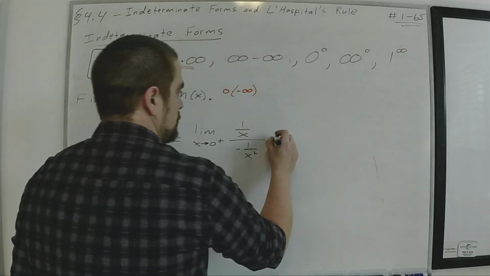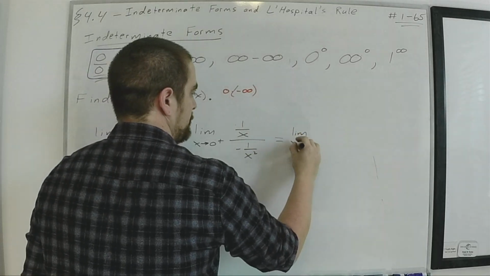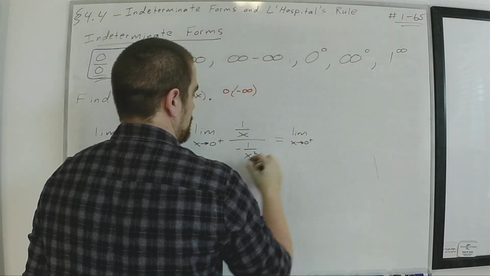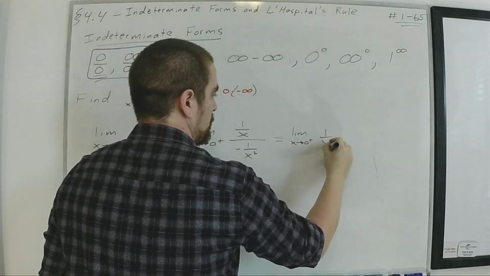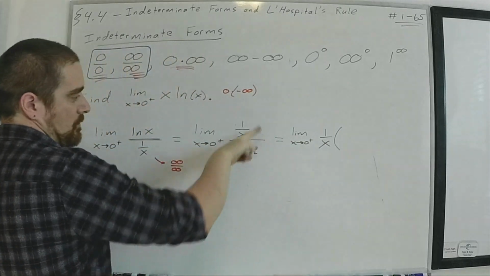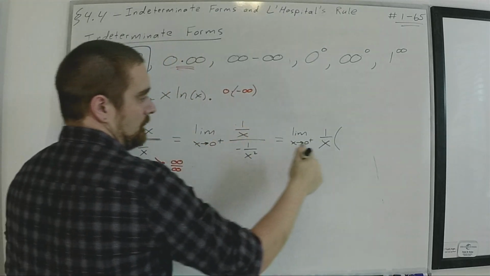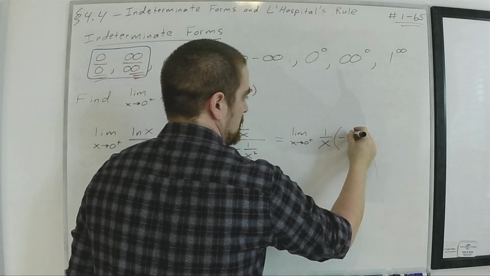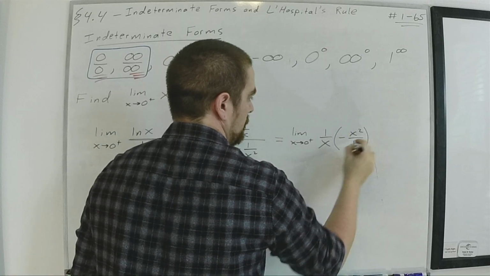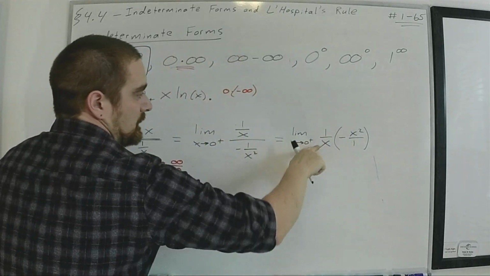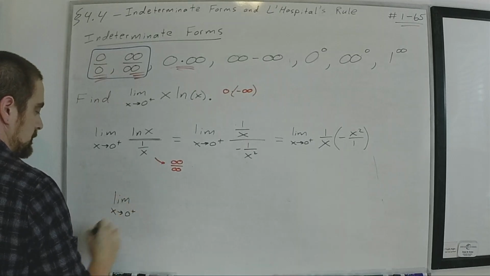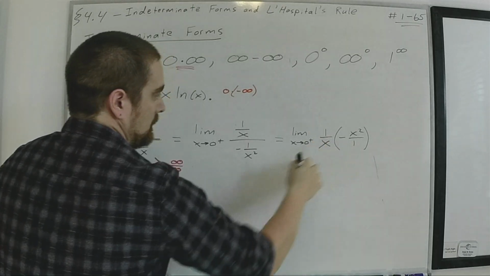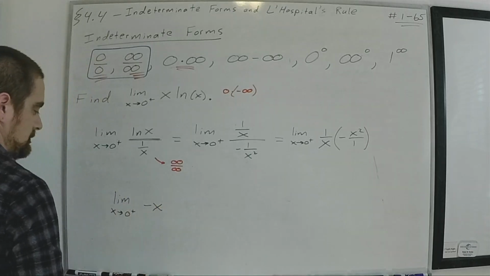So now what we can do is look at the limit as x goes to 0 from the right. Notice the log function disappears once I differentiate it. So I get 1 over x. And I'm going to multiply by the reciprocal of negative 1 over x squared, which is negative x squared over 1. Which cleans things up nicely because now I have the limit as x goes to 0 from the right of just a negative x.